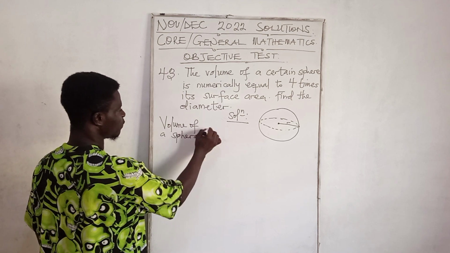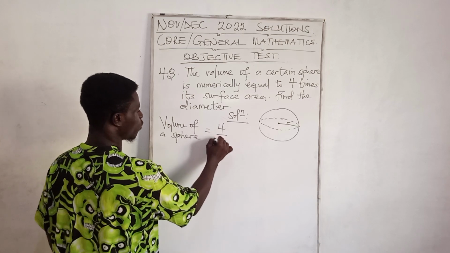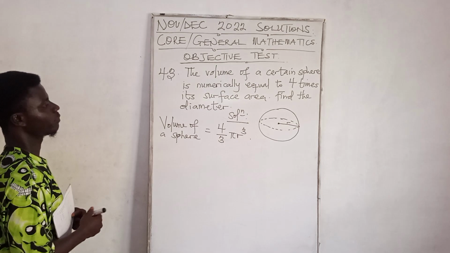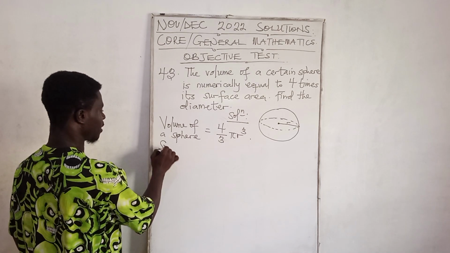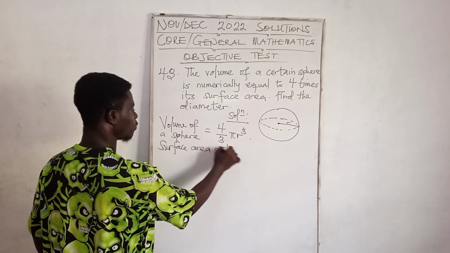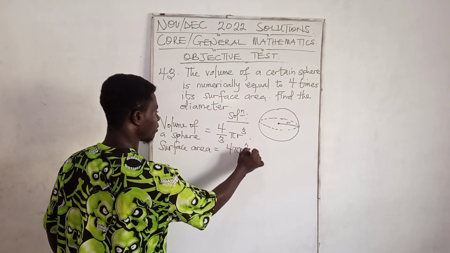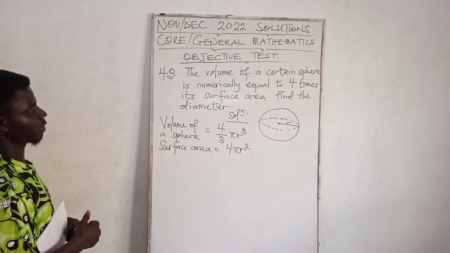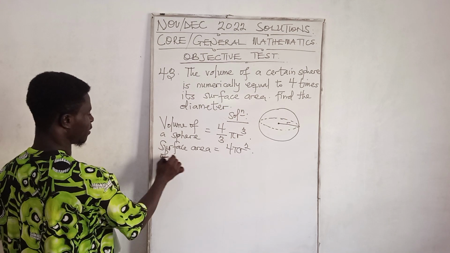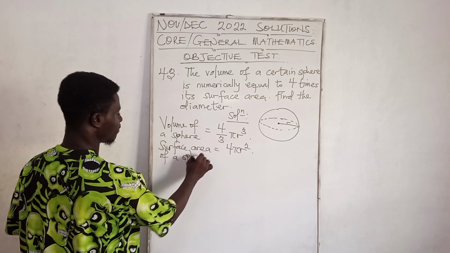The volume of a sphere is always calculated as 4 on 3 pi r cubed. Then the surface area is equal to 4 pi r squared. That's the surface area of a sphere.